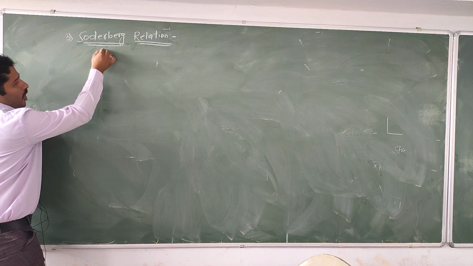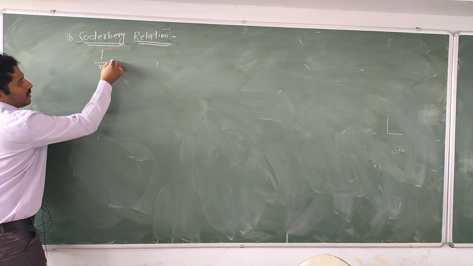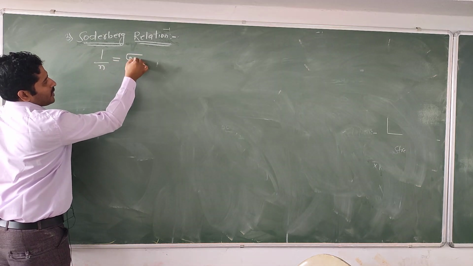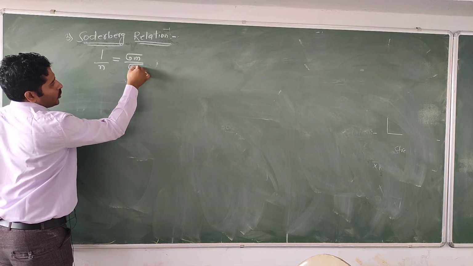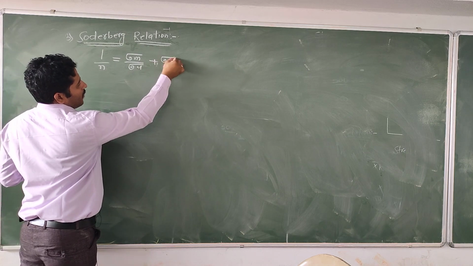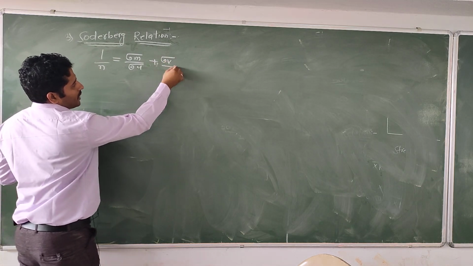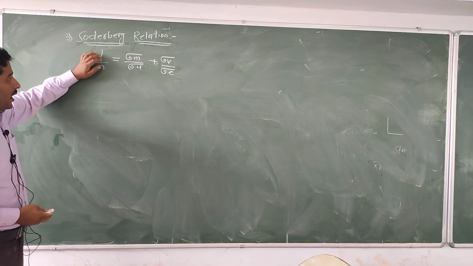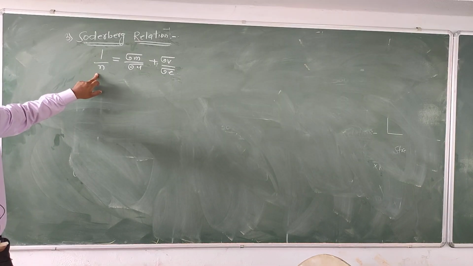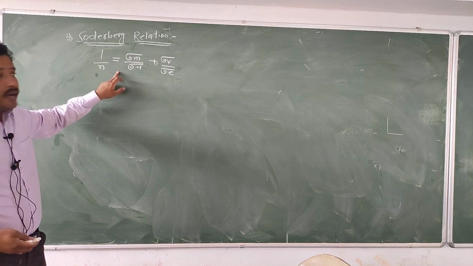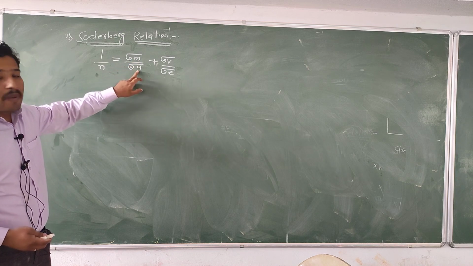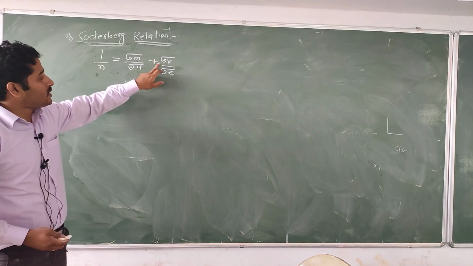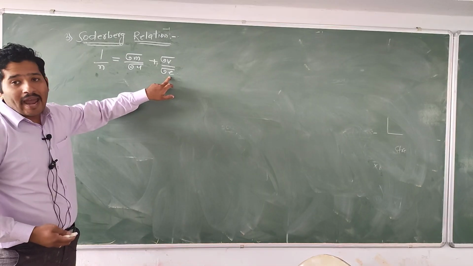We know the formula: 1 by n equal to sigma m by sigma u plus sigma v by sigma e. So 1 by n, nothing but the factor of safety, equal to the mean stress by ultimate strength plus variable stress by endurance strength.